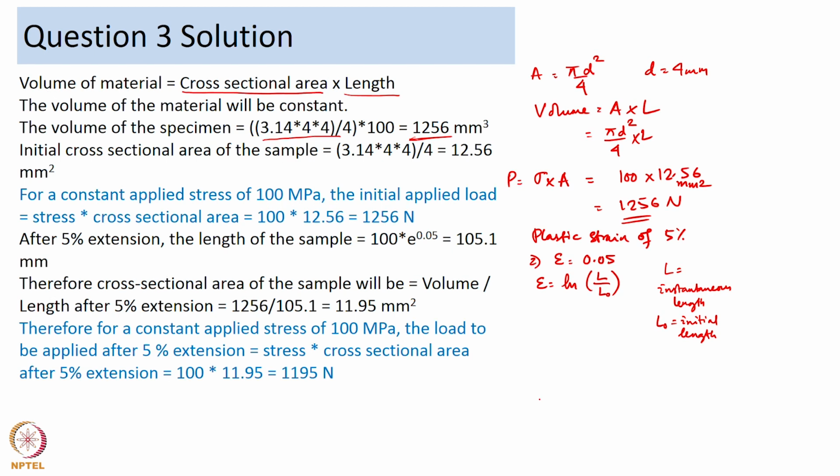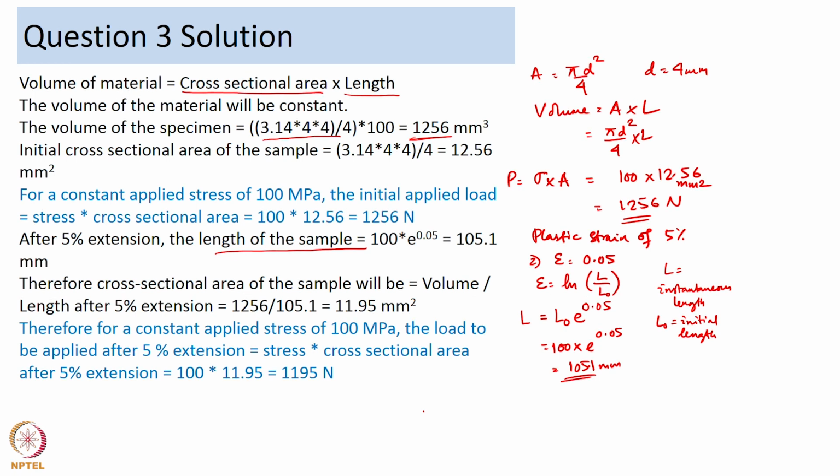Therefore, L is going to be L naught into e to the power 0.05. So, the instantaneous length is 100 into e to the power 0.05, that makes it 105.1 millimeter. So, the length of the sample after 5% extension is going to be 105.1 mm.